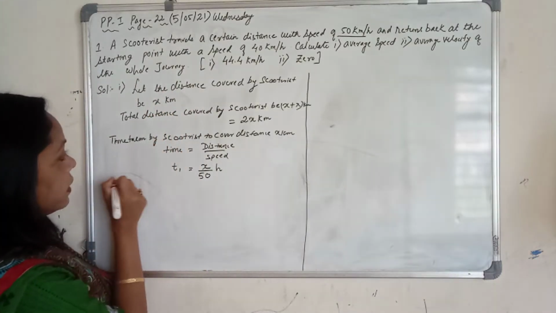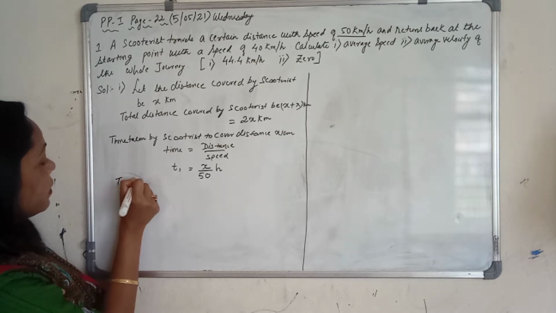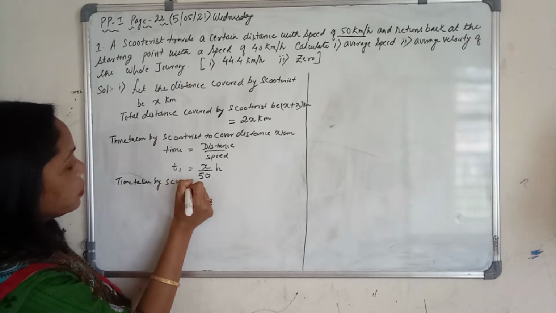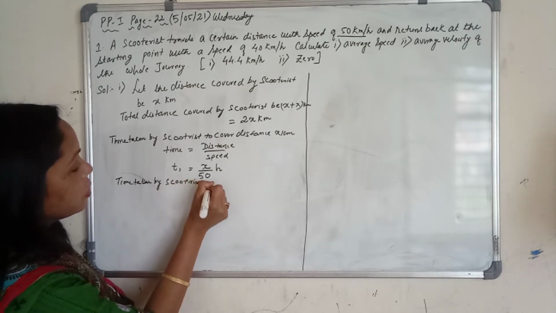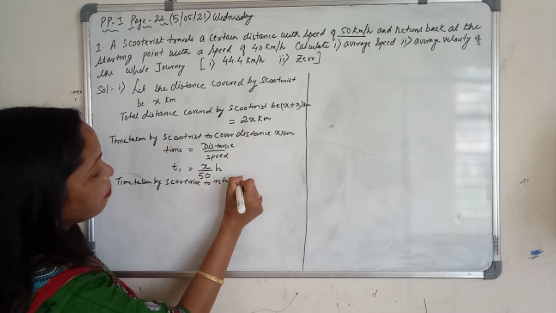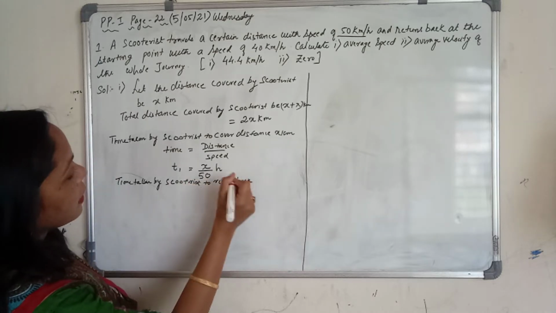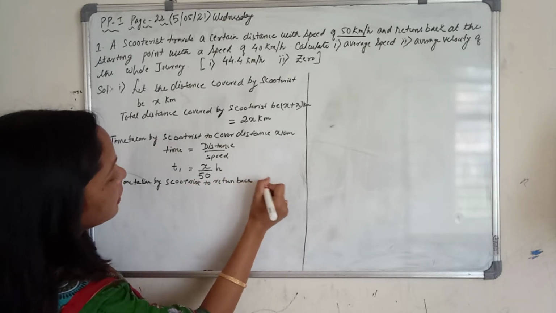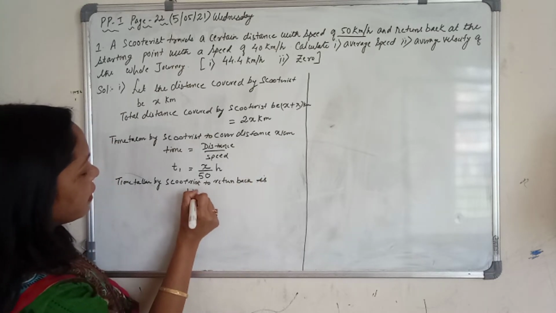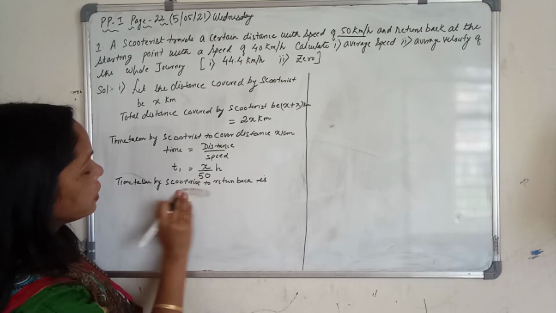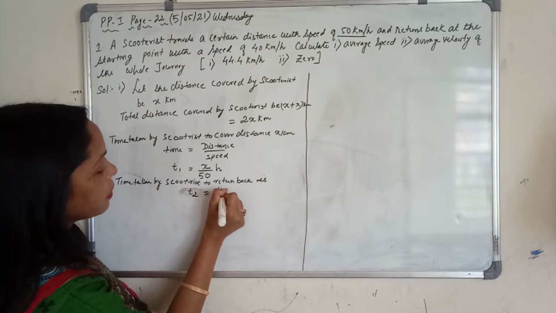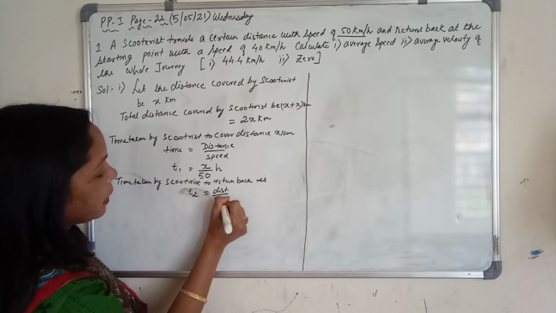So again, the time taken by the scooterist to return back, we can write directly, no need to write the formula again. t2 is equal to distance by speed.